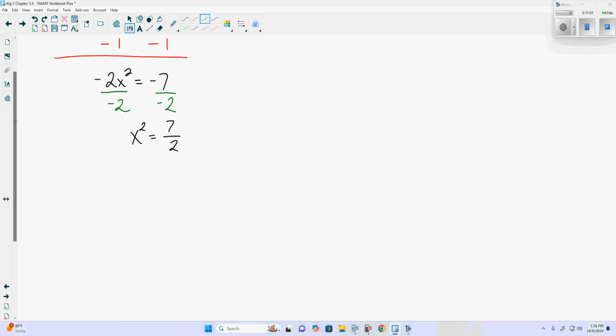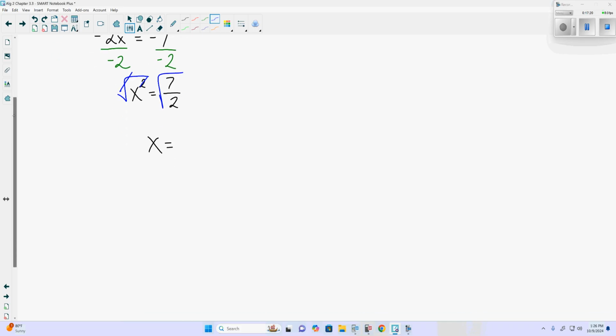Now, at this point here, we do have our squared term by itself, so we can take the square root of both sides. And our square root of x squared is going to reduce to x equals. Because we took the square root of both sides, we have to put the plus or minus.